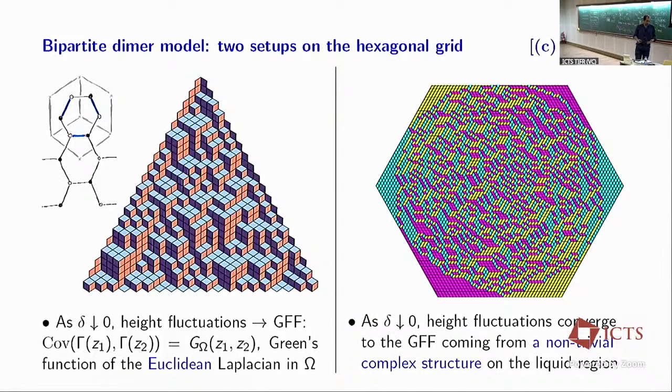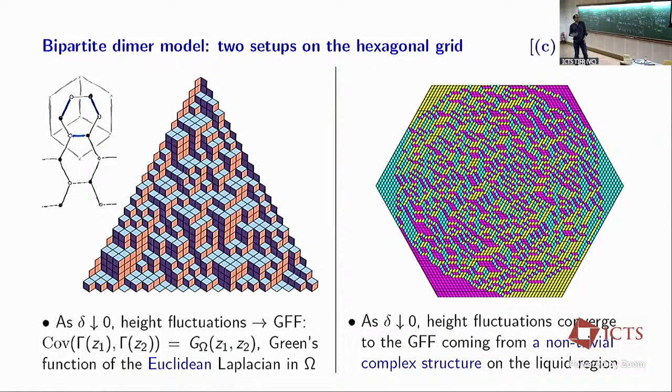However, okay, the first adjective is Gaussian, so there is a Gaussian limit. However, the covariance of this field is not the green function defined in the hexagon. This is a green function in some different complex structure.